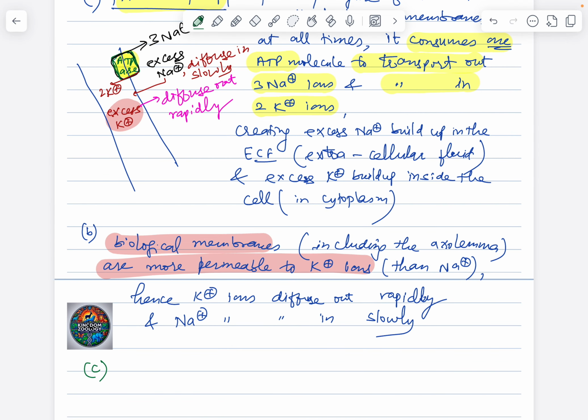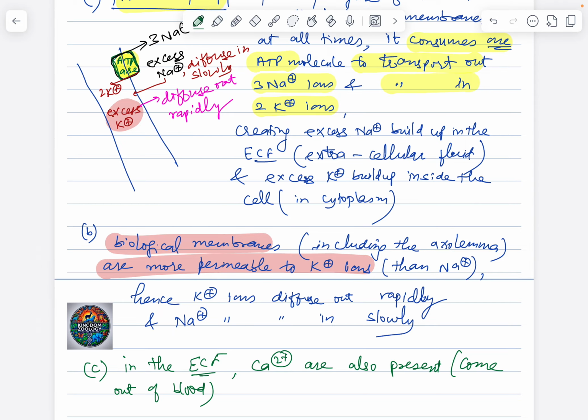What are those reasons? In the ECF, that is the extracellular fluid around the axon here, calcium ions are also present. Where do you think the calcium comes from? Who is the source of calcium? Blood.